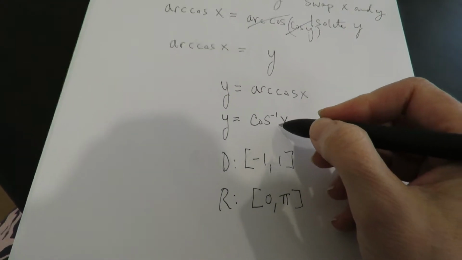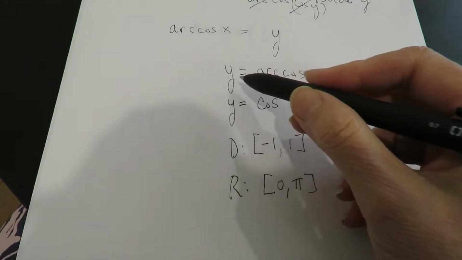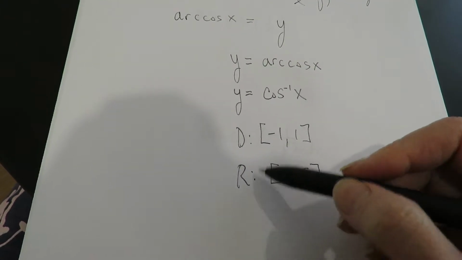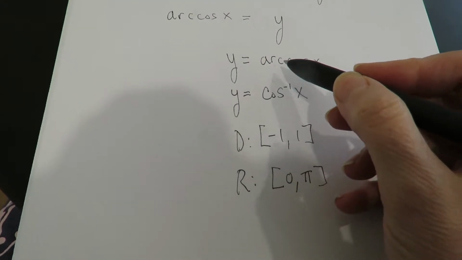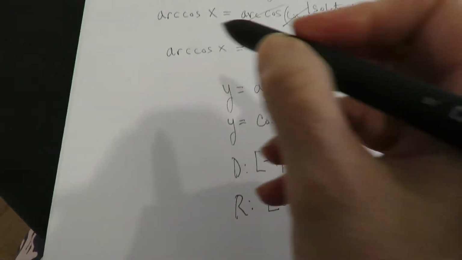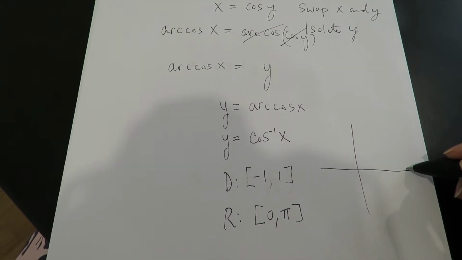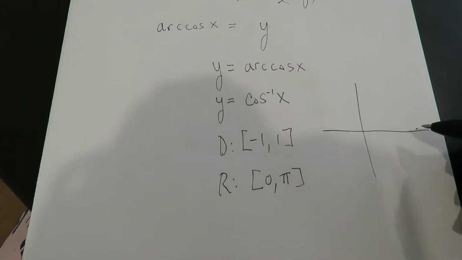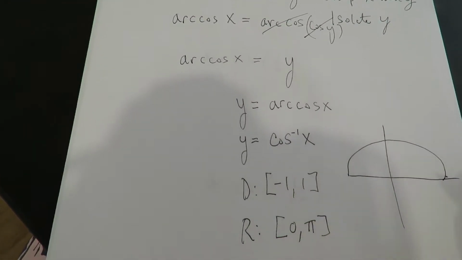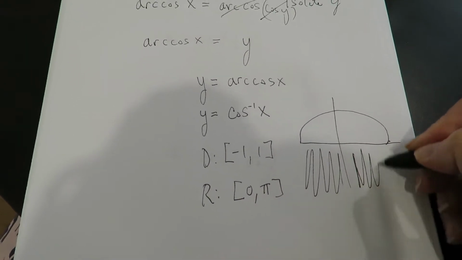Like I've been trying to stress, arcs equal angles. That's why the range of an arc is an angle: arcs take in the ratio of the sides, but they output angles. The range, or output, can go from 0 to pi. It can't use quadrant 3 or quadrant 4.